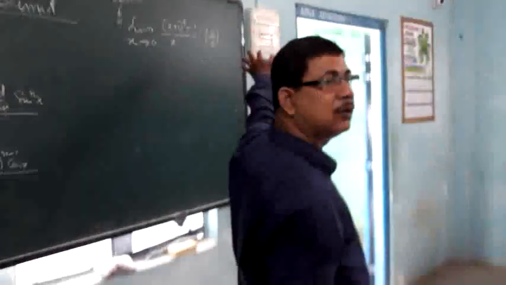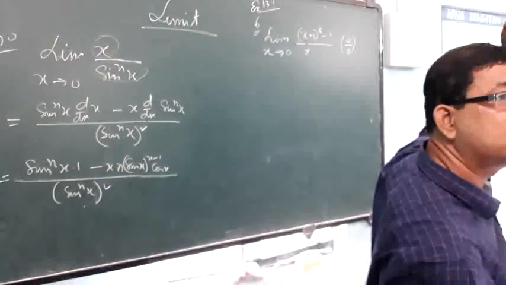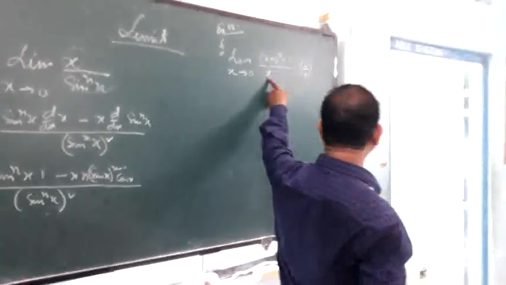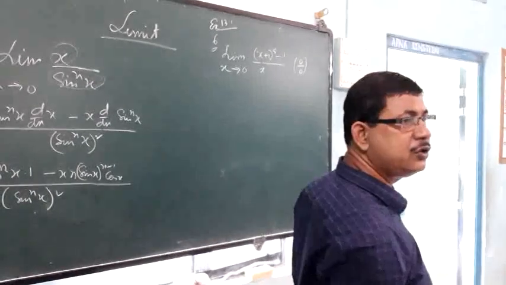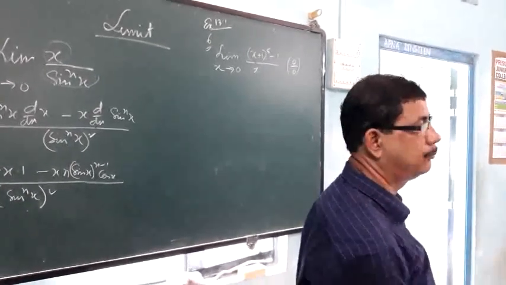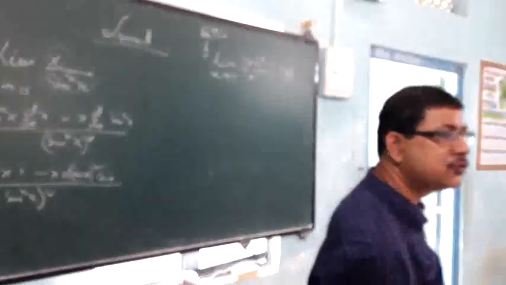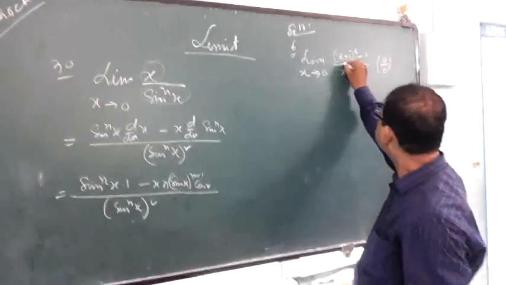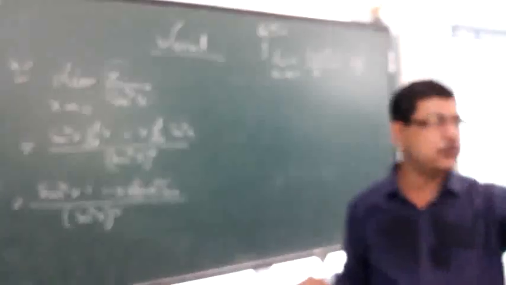Then 1 minus 1 is what? 0. Divided by what? 0. So is it 0 by 0 form? Yes or no? Is it clear to you? Okay. If it is 0 by 0 form, that means some simplification you have to do.